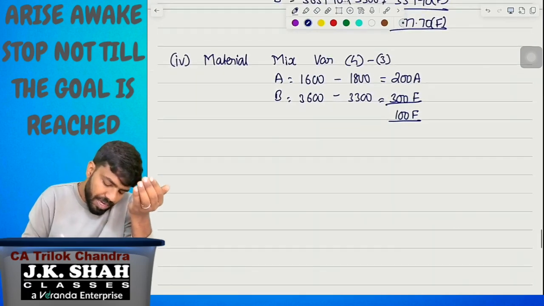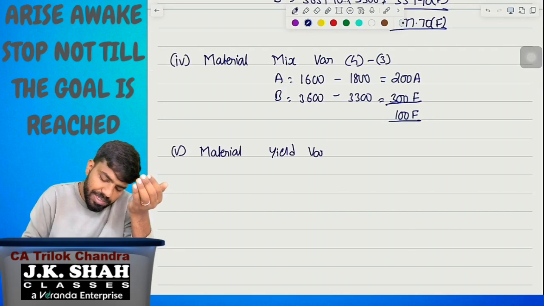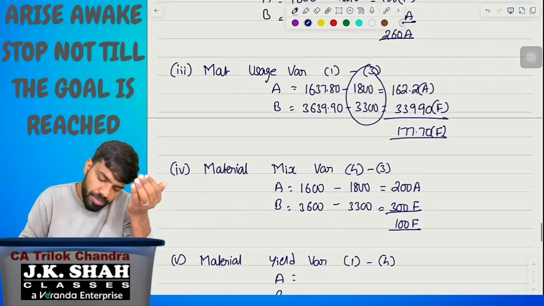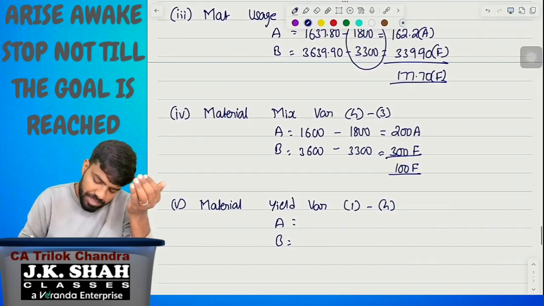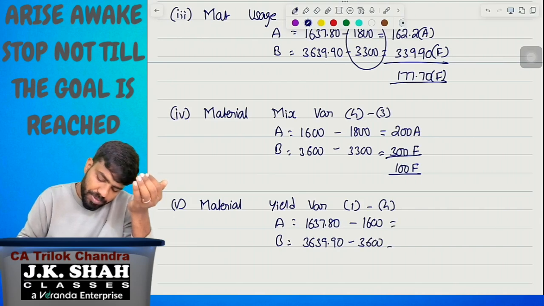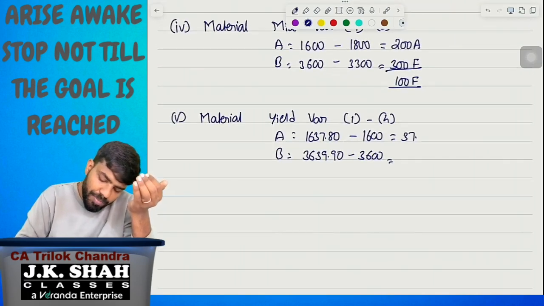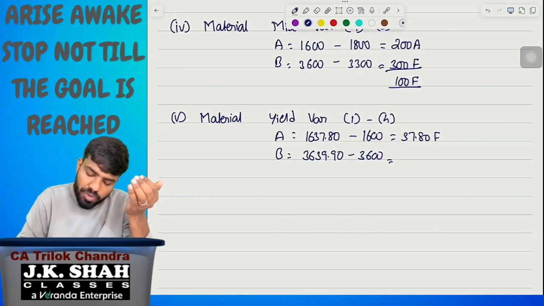Okay, next. Number 5, material yield variance. Material yield variance, 1 minus 4, A, B. First column, 1637.80 minus fourth column 1600 equals 37.80 favorable, positive value.